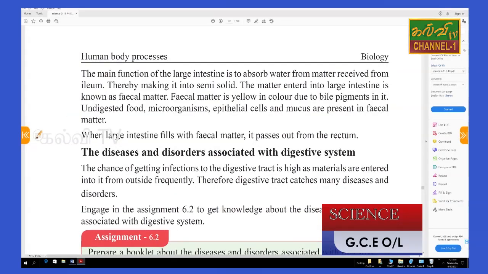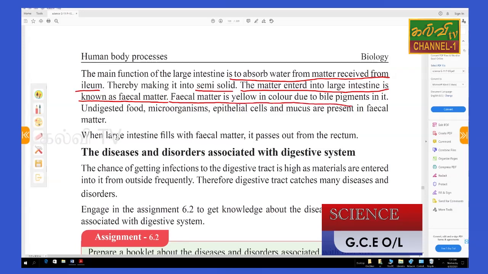The main function of the large intestine is to absorb water. We already studied, it absorbs water from matter received from the ileum, therefore making it semi-solid. The matter entering the large intestine is known as fecal matter. Fecal matter is yellow in color due to the bile pigments in it.